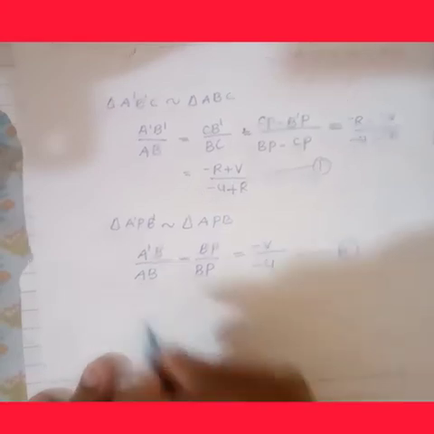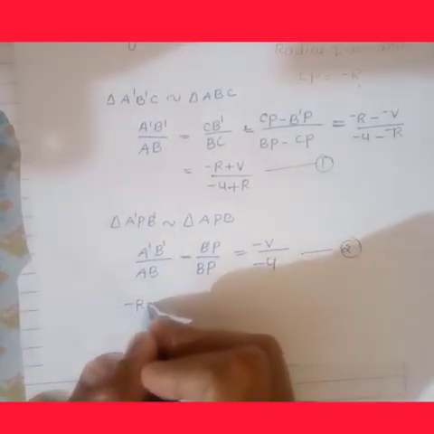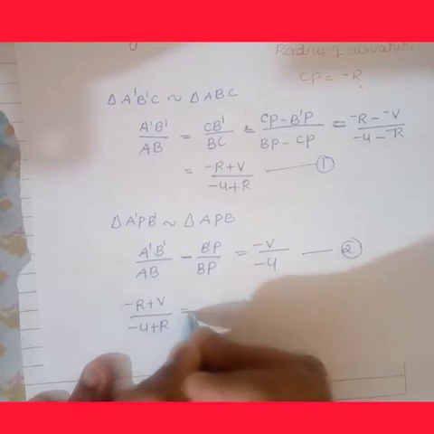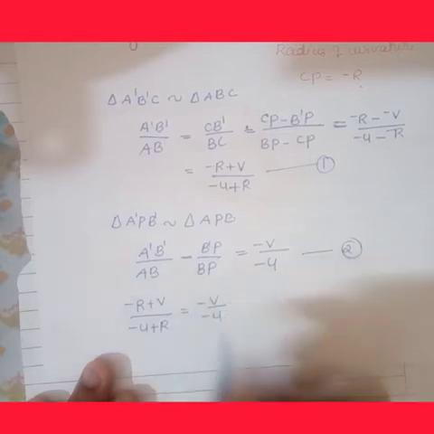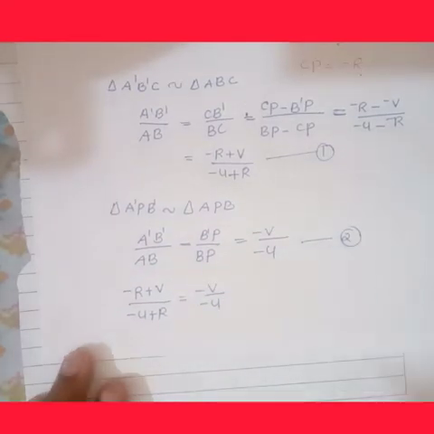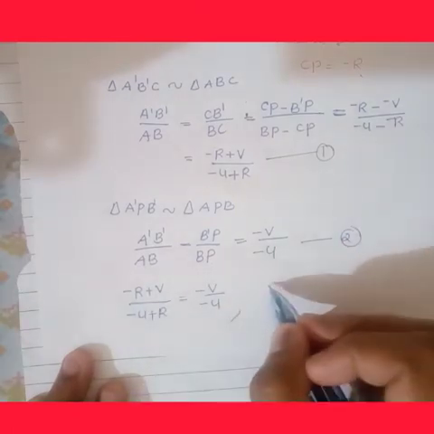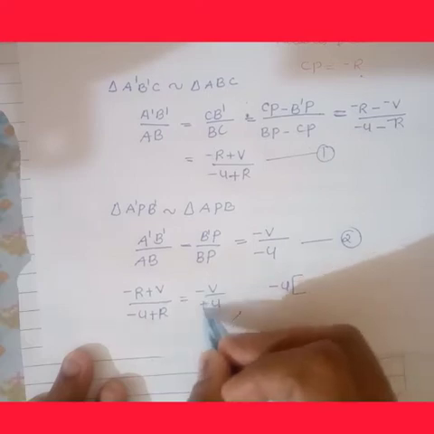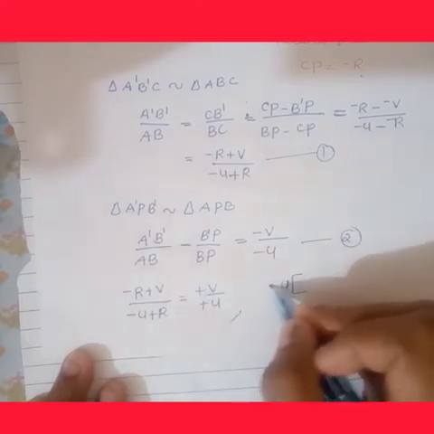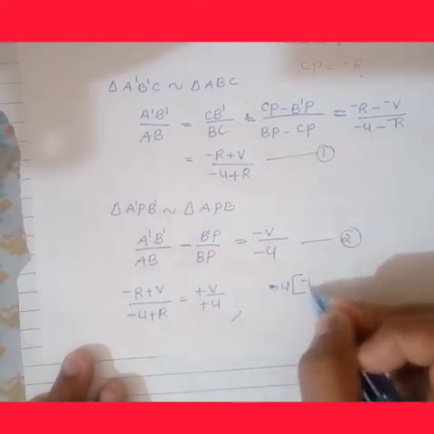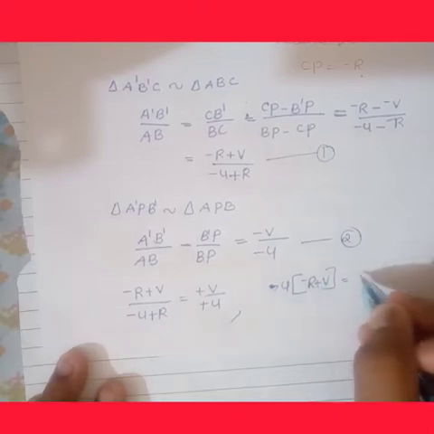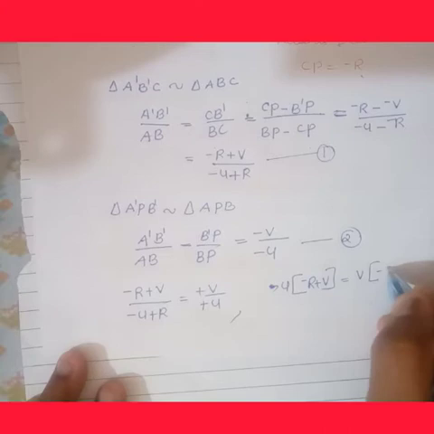So you have to write minus R plus V divided by minus U plus R is equal to minus V by minus U. Here minus minus is positive, so there is no negative sign. U into minus R plus V is equal to V into minus U plus R.